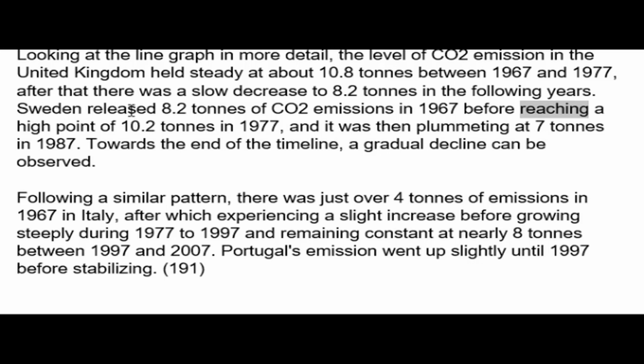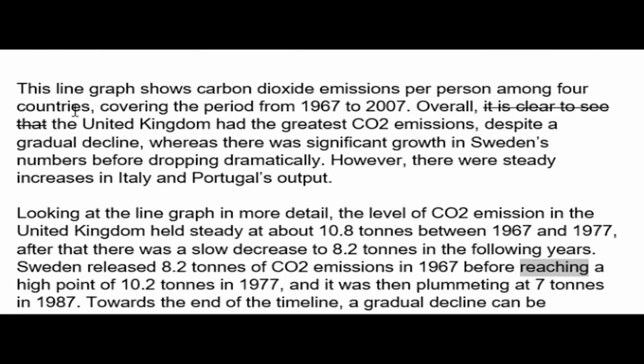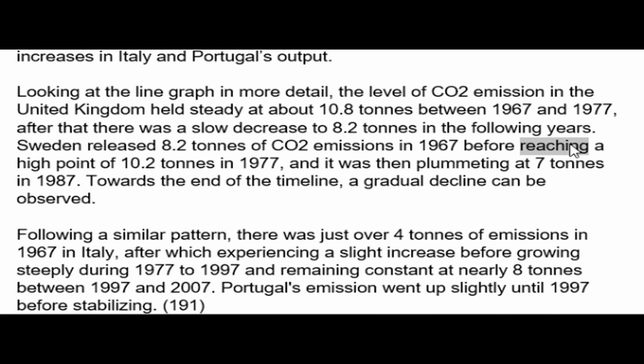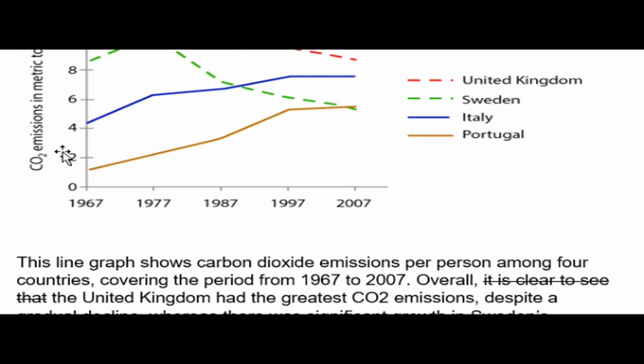So Sweden released, so Sweden reached. But here it doesn't work because Sweden didn't reach a high point. It's Sweden's emissions. This participle is referring to a different noun. It's not referring to Sweden, it's referring to Sweden's emissions.